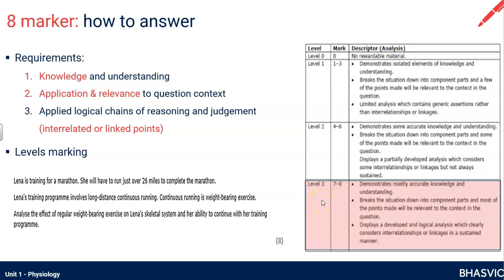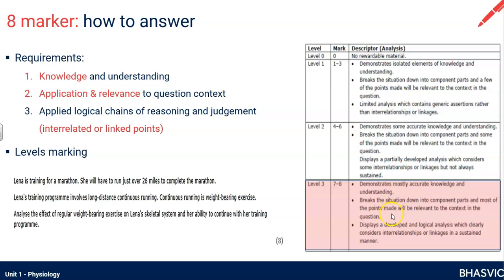So your examiner will read your whole answer. They will then decide which description it fits best, i.e. which level this answer is at. Do you have some correct facts, but it's a bit erratic? Do you have mostly accurate information, some accuracy, and demonstrate some links and analysis?